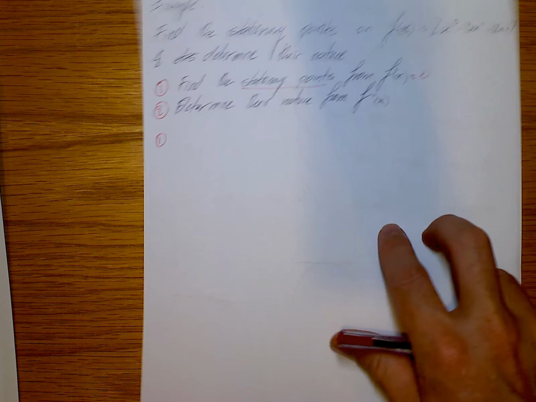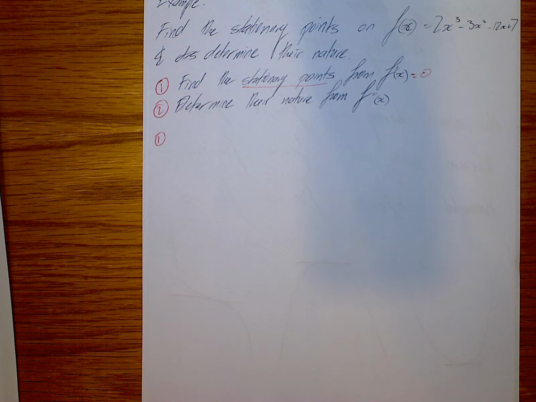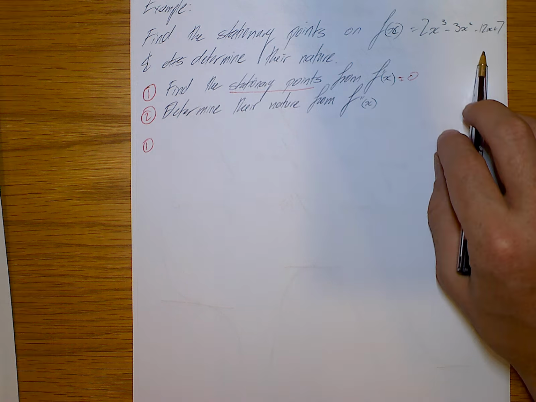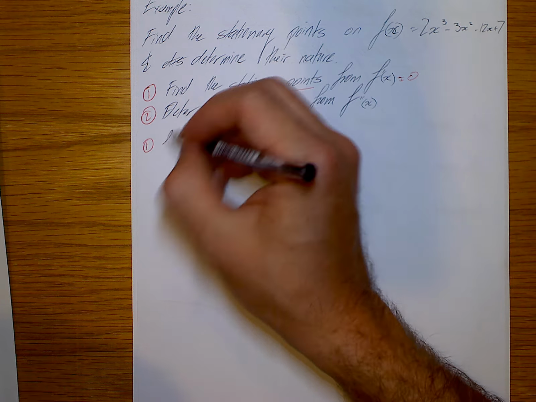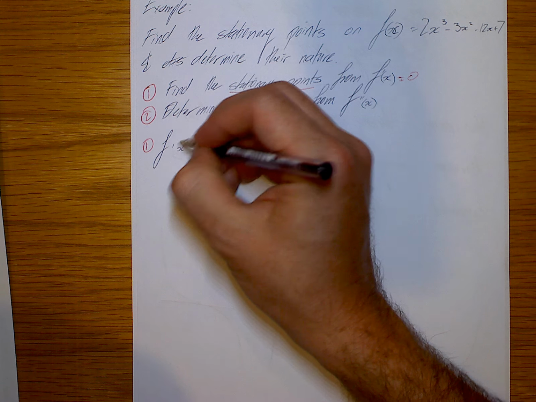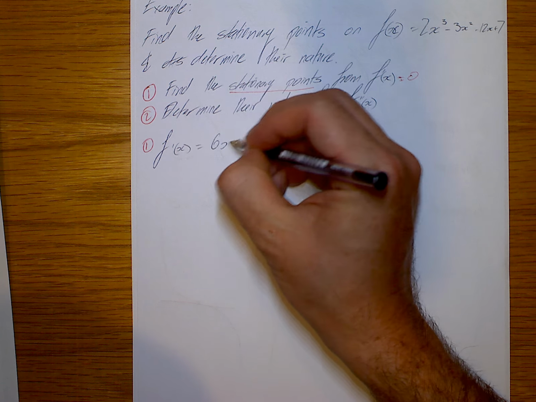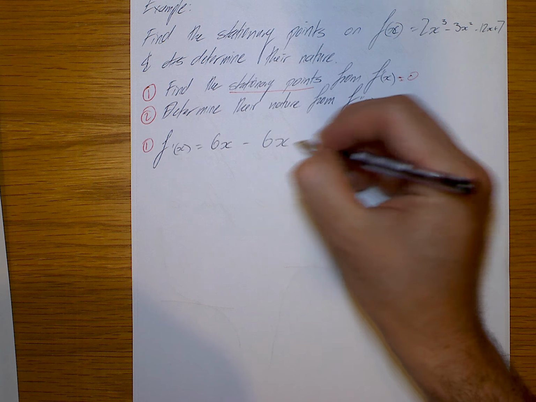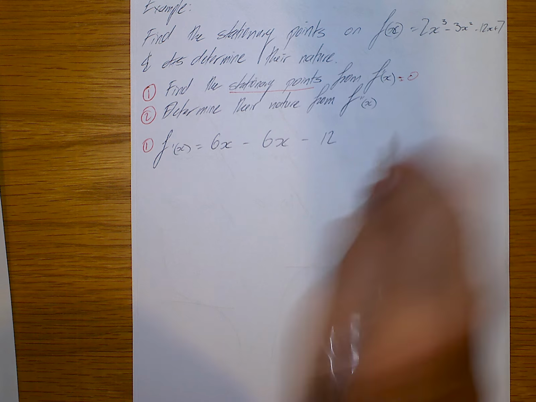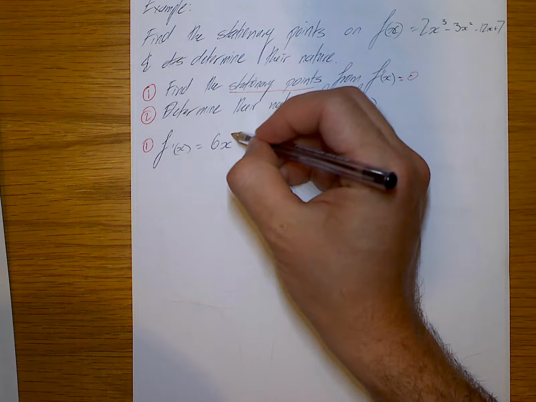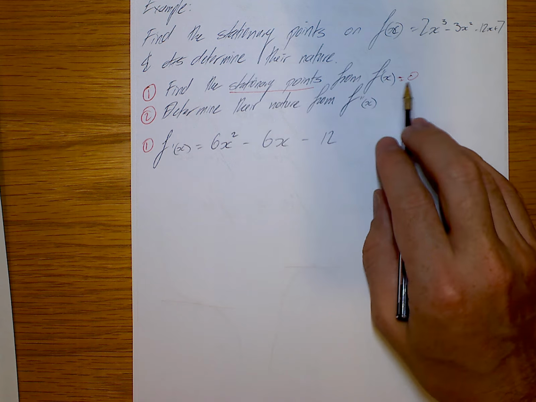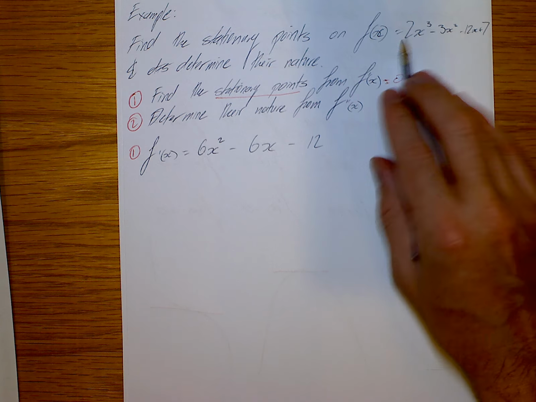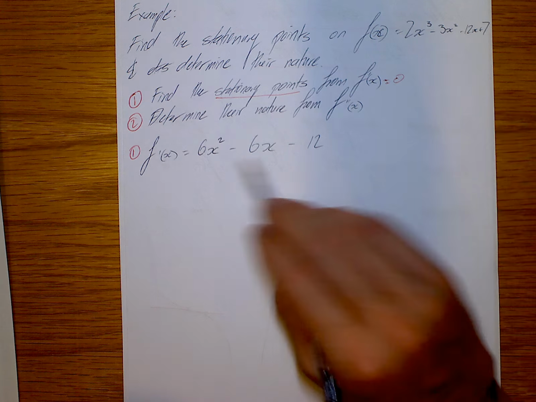So let's have a go. Our first step is to find the stationary points. To do that, we've got to differentiate our function once. So f dash x is going to be 6x minus 6x minus 12. Did I do that right? No, I missed a 2. Yes, 3 comes down, so that's 6x squared. That should be right.